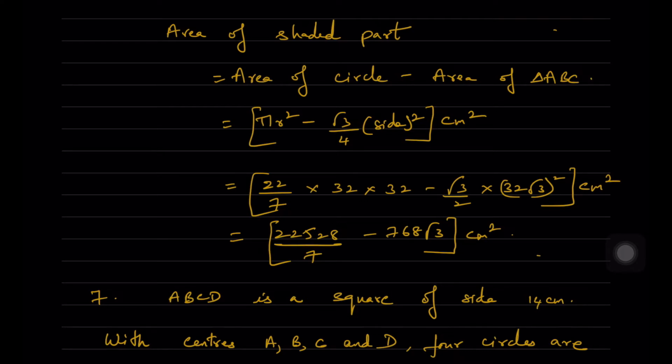So after solving, how much we'll get, we'll just see. We're getting it as 22528 by 7 minus 768 root 3.